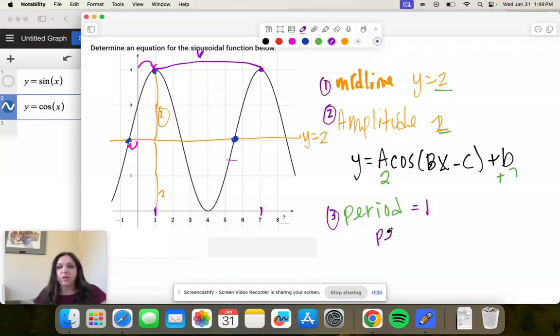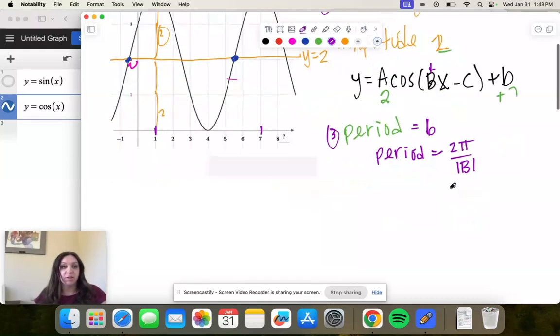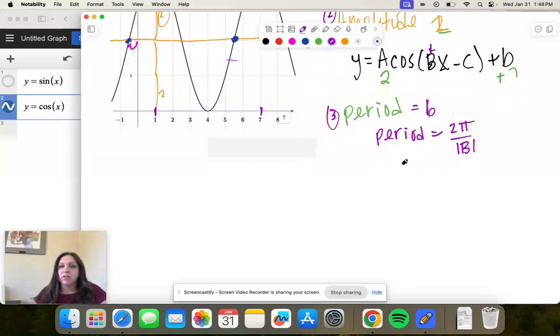And remember, our period is 2 pi over b. So we need to solve for b because that's what goes in our function. So period is 6. What would b equal?